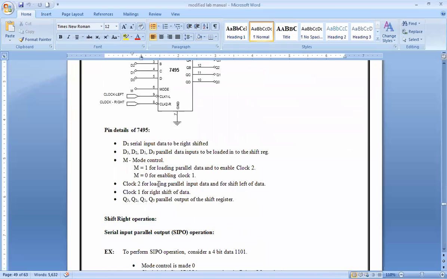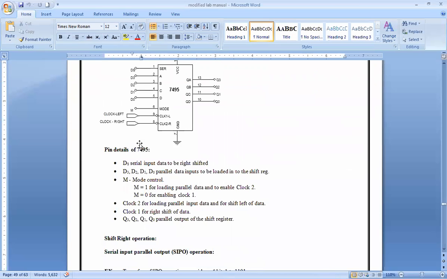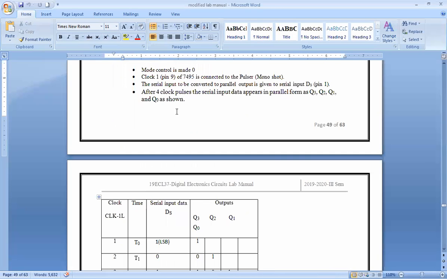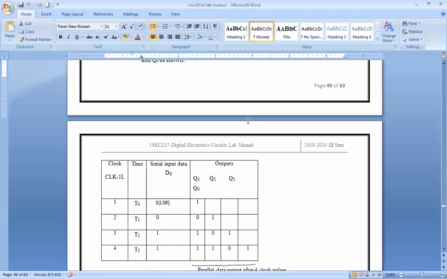So with clock 1, yes, the right shift of data, which means input is sent one bit towards the right. In order to enable clock 1, the mode M is made 0. That is what is told here: mode is made 0, clock 1 is enabled, and right shift happens.